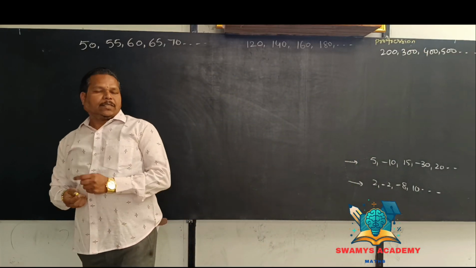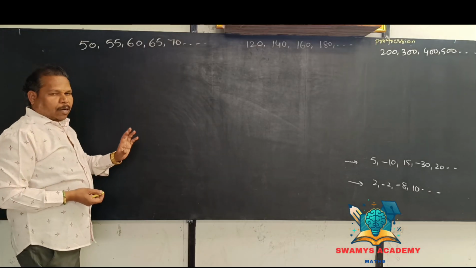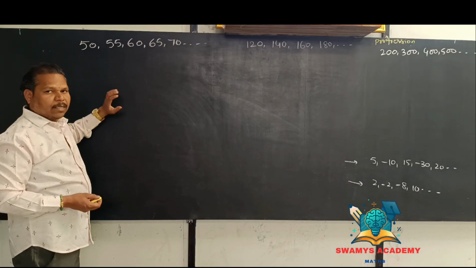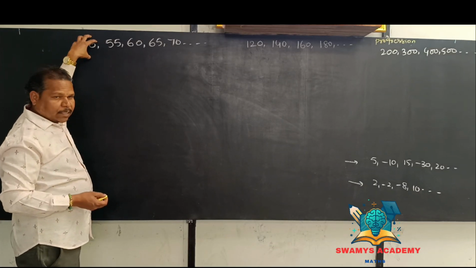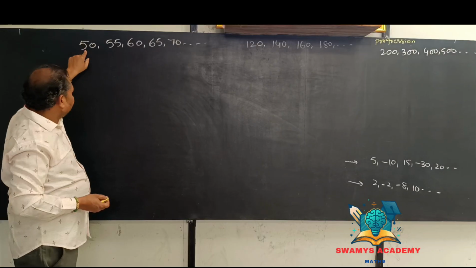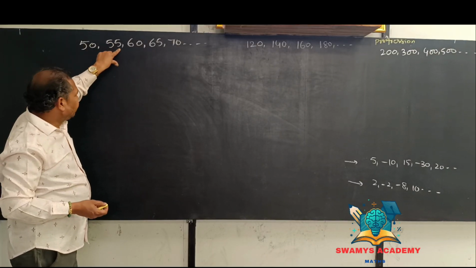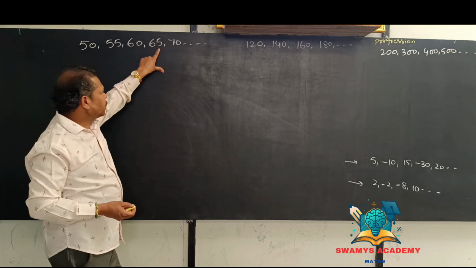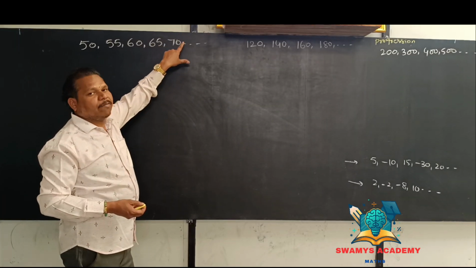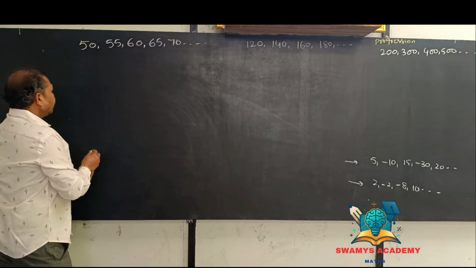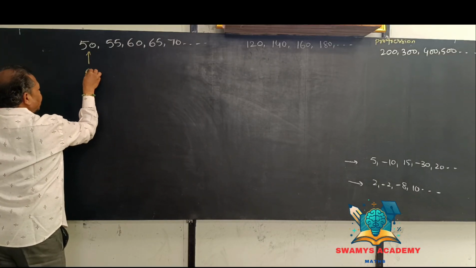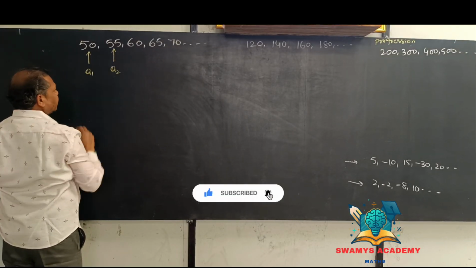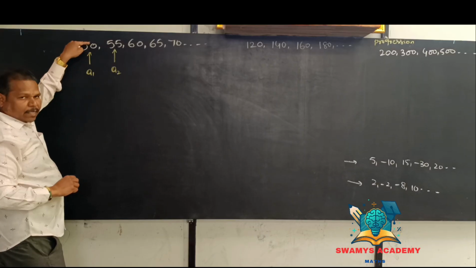One of the progressions is what we are discussing. Before that, we'll take any type of progression generally. We'll use letters. The first term we'll call A1, that is 50.